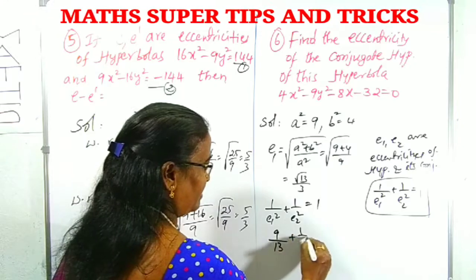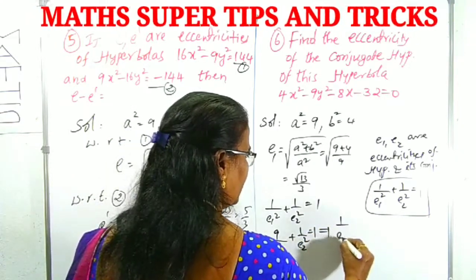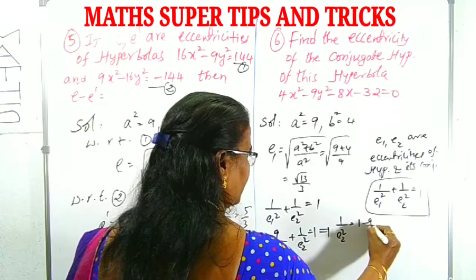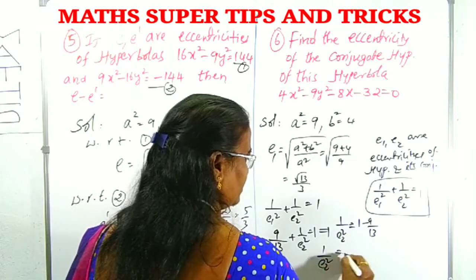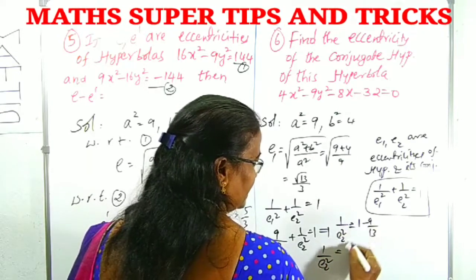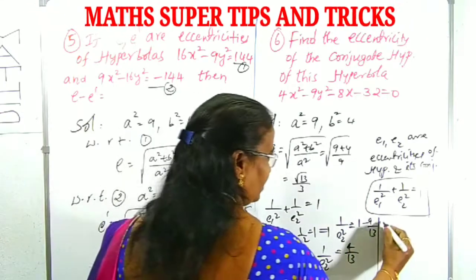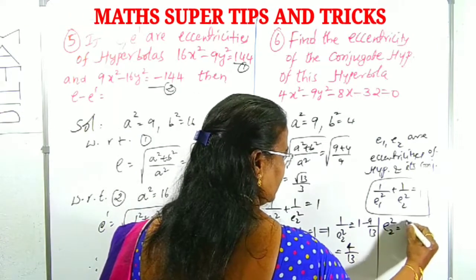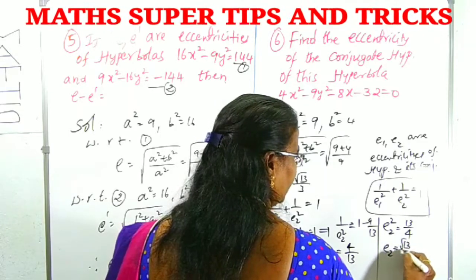Plus 1 by E2 square is equal to 1. From this, 1 by E2 square equals 1 minus 9 by 13. That is 1 by E2 square equals, LCM 13, 13 minus 9 is 4, so 4 by 13. We can take it in reverse order. E2 square is equal to 13 by 4. E2 is clearly root 13 by 2.